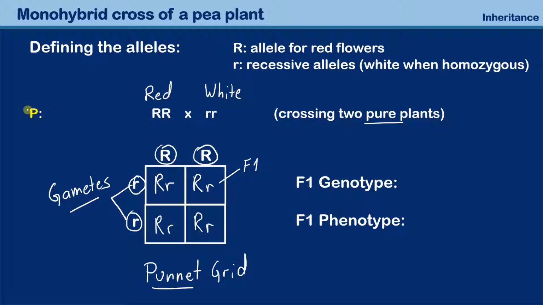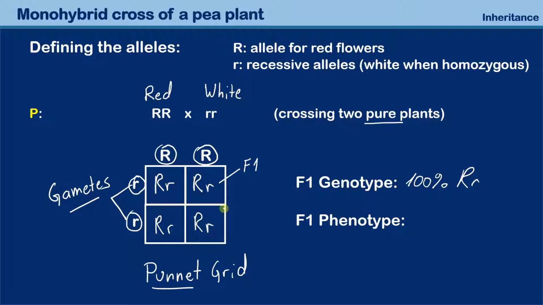P stands for parental, the parents, and F1 stands for filial. And you can see that all of them have capital R, lowercase r, all of them are heterozygous. And the F1 genotype would be 100% capital R, lowercase r, and 100% heterozygous in relation to flower color.